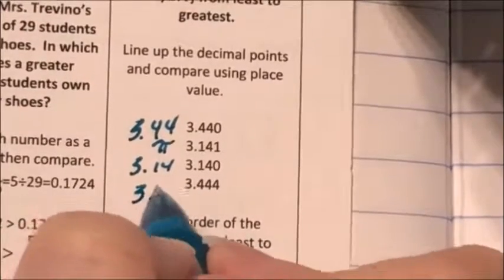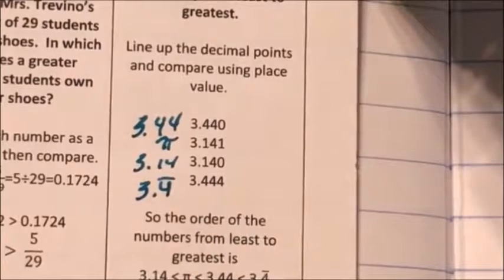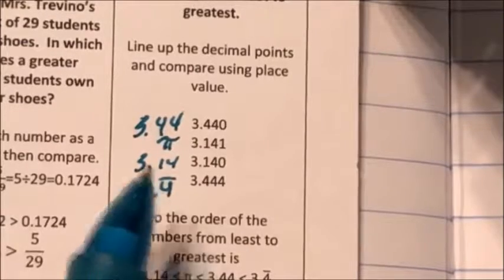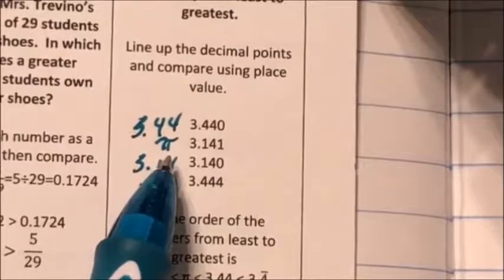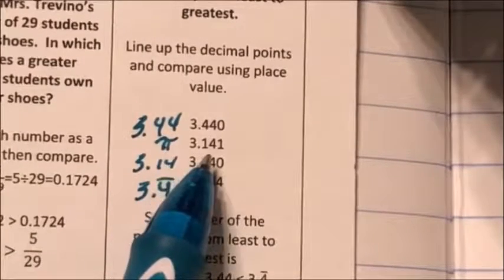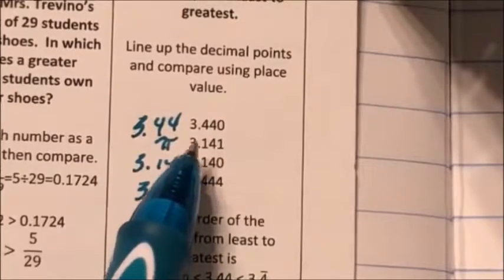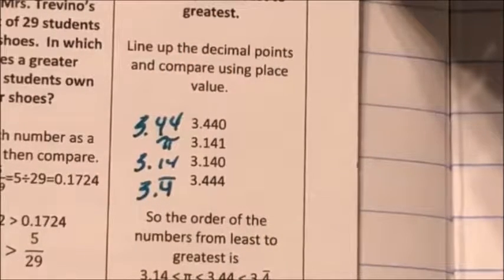And this was my 3.4 repeating. I can take it out to as many digits as I want to. I recommend, since pi is an irrational number, taking it out to at least 3, because all the other ones with terminating decimals end at 2. So taking it out 1 extra place value is helpful.